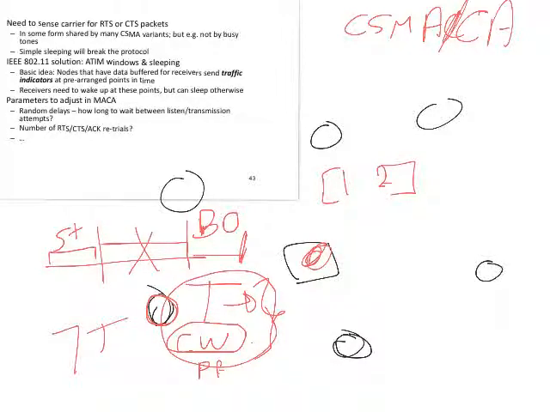So each of them will wait for time t, and then they will try to send at the same time. Collision will happen again. In that case, the contention window will be 4, will be double. So each time you double the contention window. So the window is 1, 2, 3, 4. And both nodes will independently generate a random number within this window.